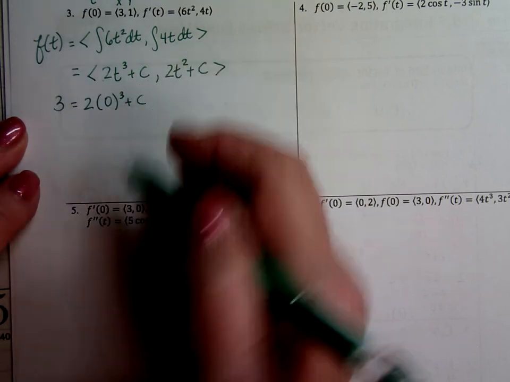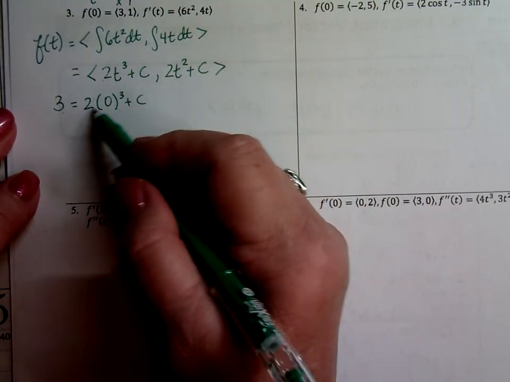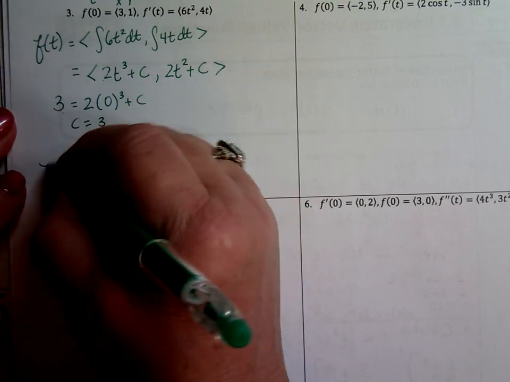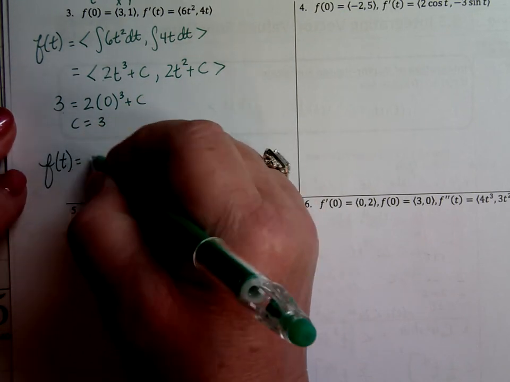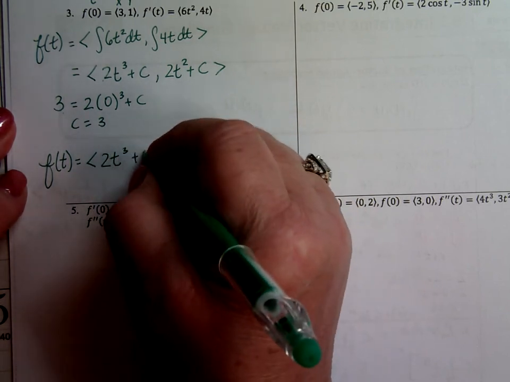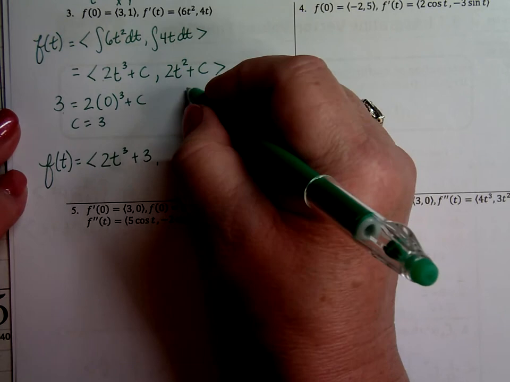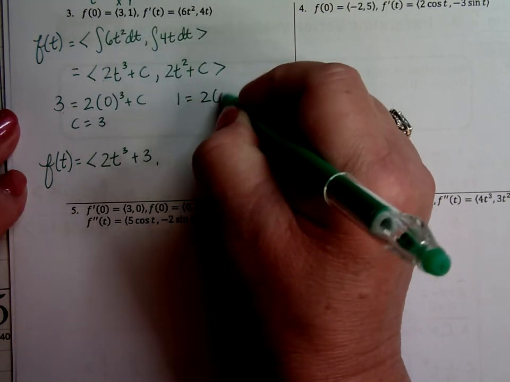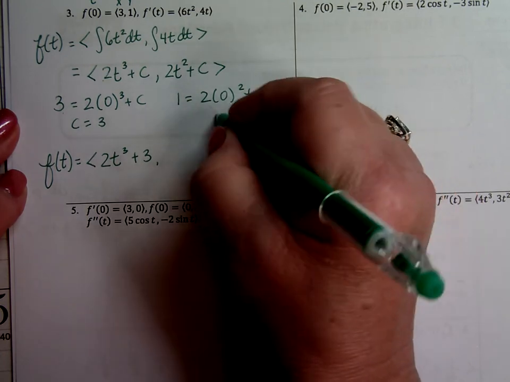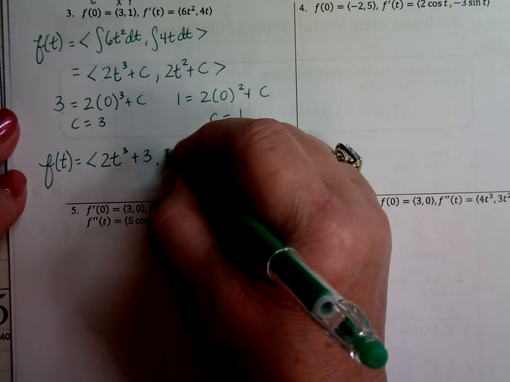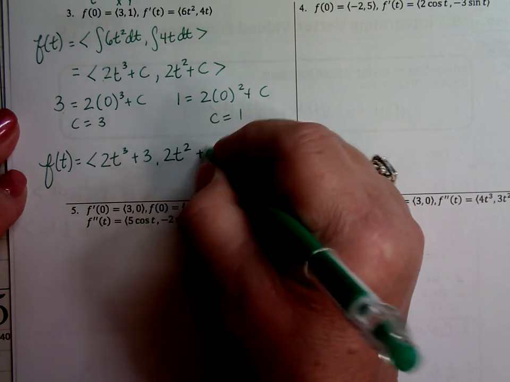I'm plugging in my x and my t. This is 0, so c is 3. I'm looking for f of t. The x component is going to be 2t cubed plus 3. Go to the y component, it should be 1 equals 2 times 0 squared plus c, which gives me a c of 1. My y component therefore is going to be 2t squared plus 1.